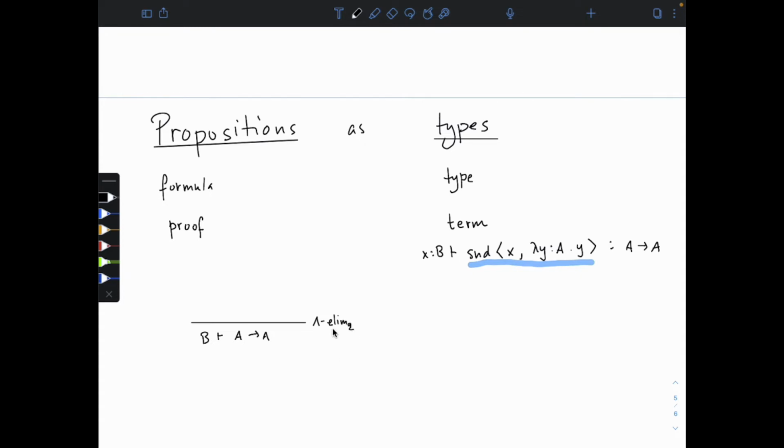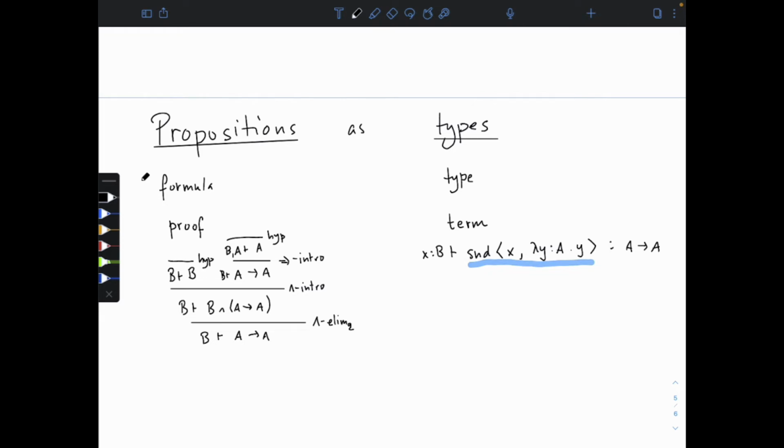The second one, elim 2, and then we would build on this, and we would have B and A arrow A, and then here this is intro, and then here we have B and hypothesis, and then here we have A arrow A, and then I want to actually spell it out once, intro, and then B, and then it's B A, and then it's a hypothesis, like this, okay?